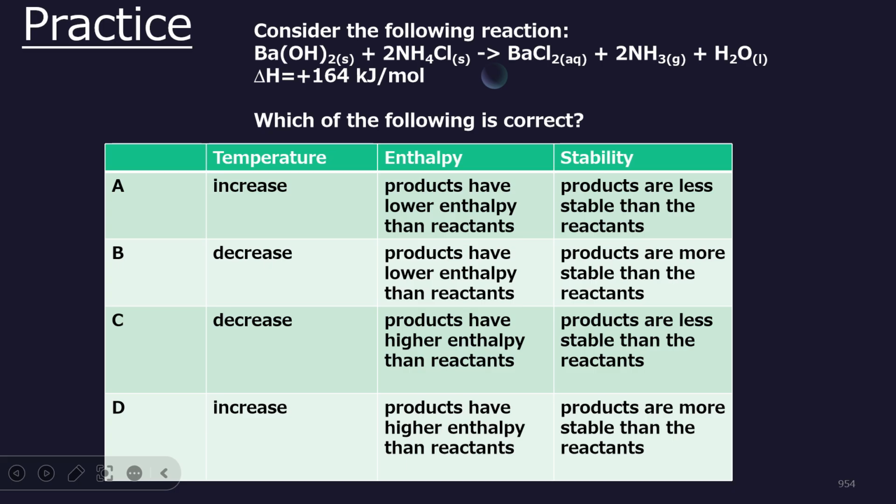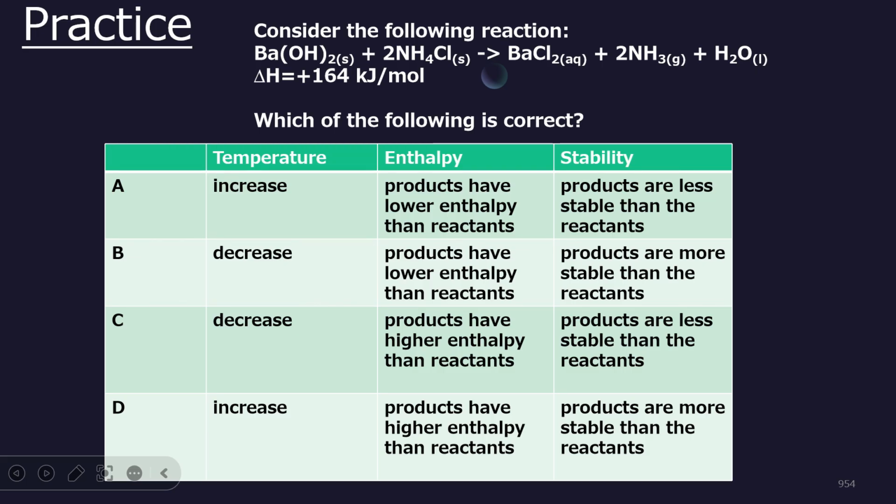We're going to be measuring temperature basically of whatever mixture this has going on. This delta H is positive. If delta H is positive, that means it's consuming heat from the surroundings. This energy is required to make this reaction go from left to right. So we're going to observe things getting colder, temperature decrease for sure.